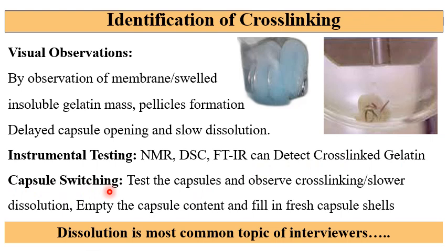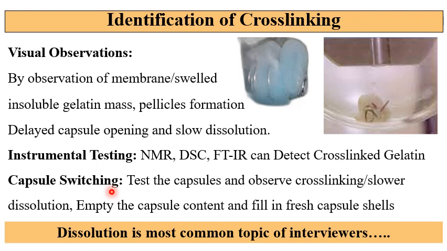Then capsule switching. If you perform the dissolution with capsules and you observe this cross-linking, empty the content of the capsule, fill it into fresh capsule shells which are not loaded on stability, empty capsule shells which will be fresh, and perform dissolution.